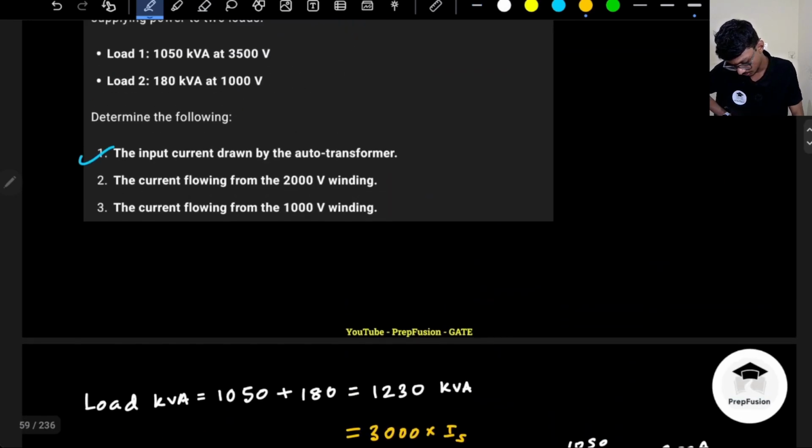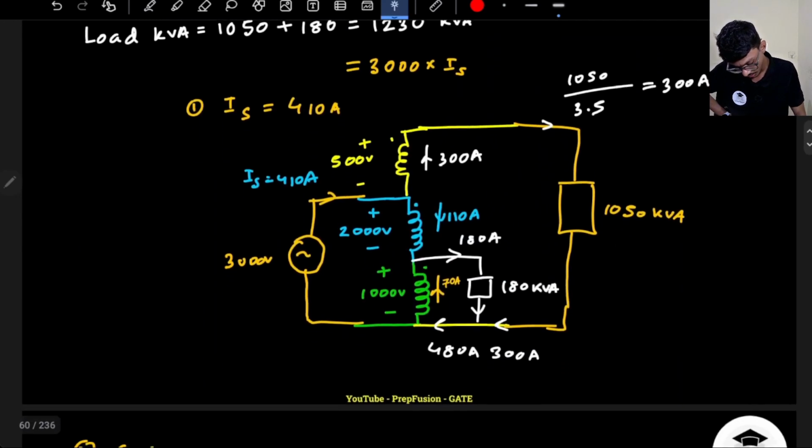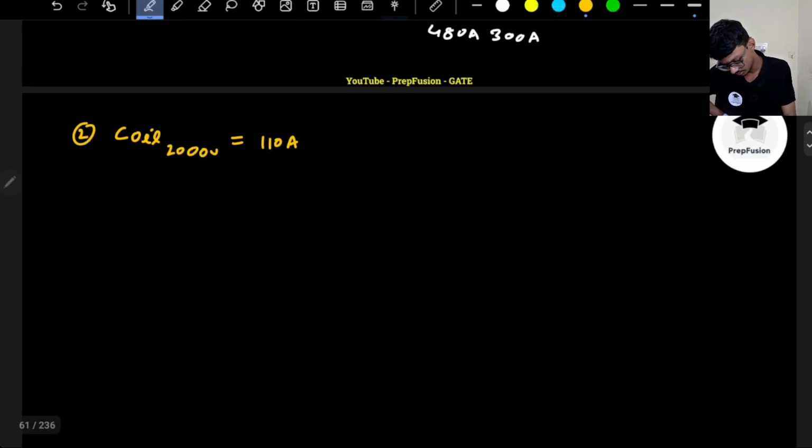Okay, what about the current through the 1000 volt winding? So current through the 1000 volt winding is 70 amperes, which we have already calculated, right? So third answer to the third question, coil 1000 volt is 70 amperes.